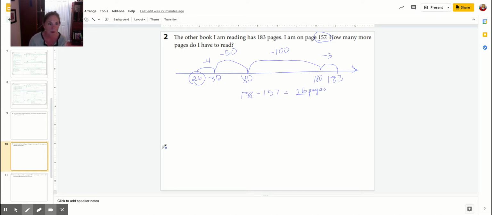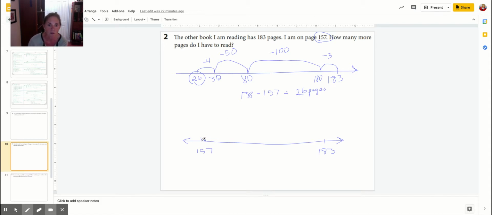Now, some of you probably did the differencing strategy. It's finding the gap between the two numbers, 157 and 183. So what is the gap between the two? And this feels like it's probably an easier strategy to use with this problem because it's a small gap.